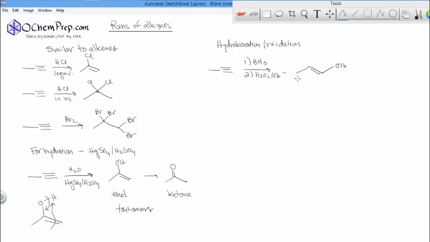And remember, enols don't last. The equilibrium lies far toward the double bond O. And you end up with 1, 2, 3 carbons. The O is on the end, so you end up with an aldehyde.